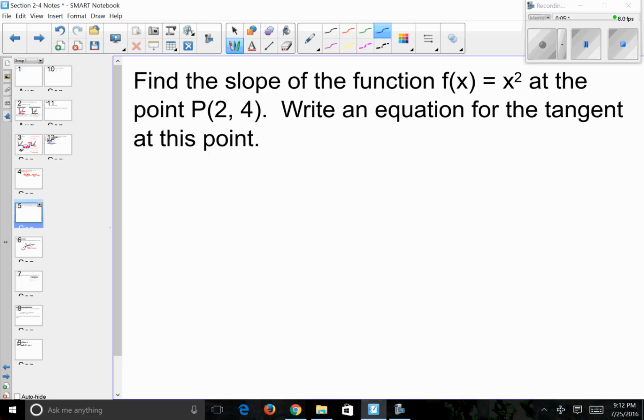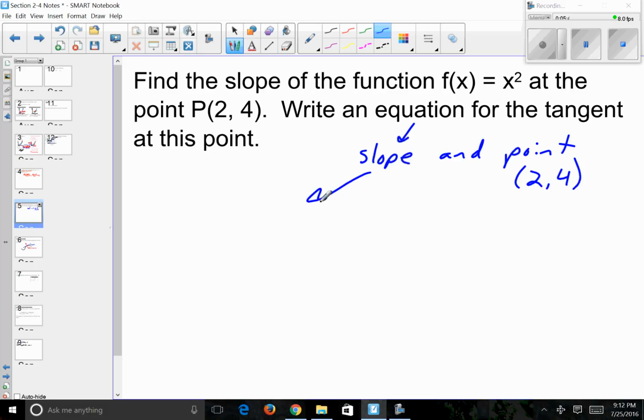So if, for example, I wanted to find the slope of a tangent for the function x squared at the point 2, 4, well, we'll get to the equation of a tangent in a second, but for an equation, I need slope and point. We're already told the point is 2, 4.